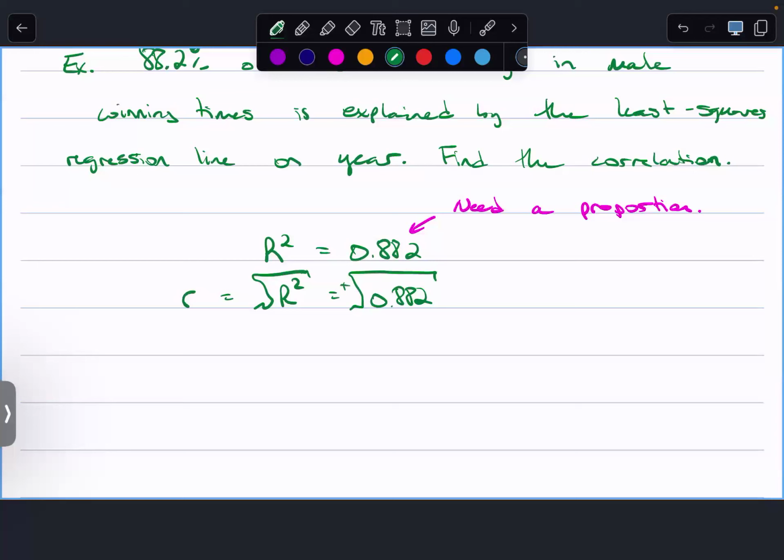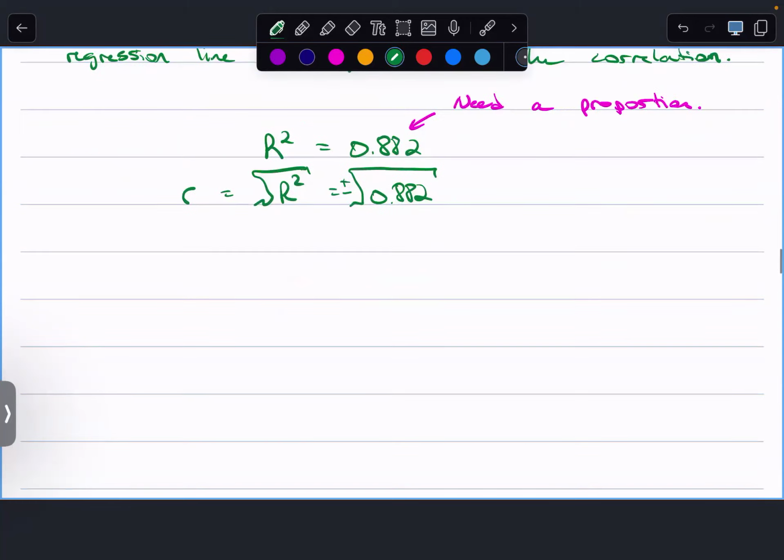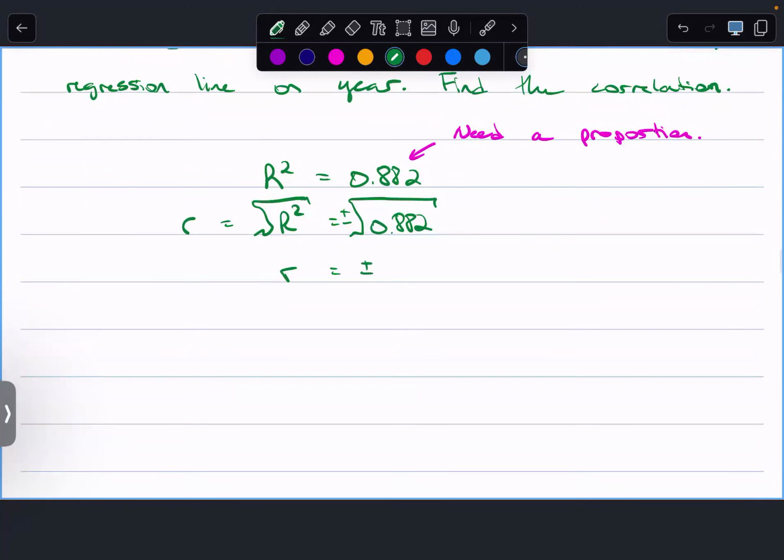So when I undo it, I have the plus minus. So r is plus or minus the square root of 0.882, which is roughly 0.9391.